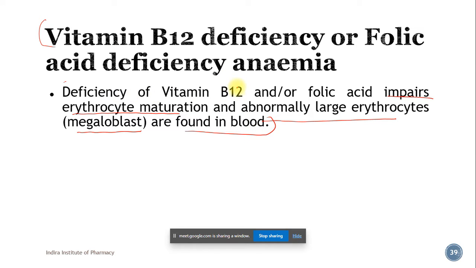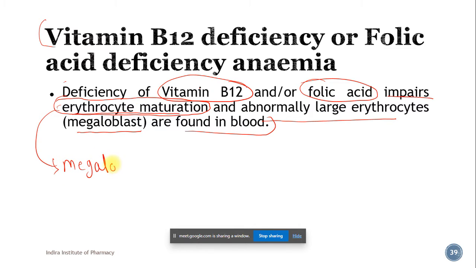So you should understand one thing from this, that vitamin B12 and or folic acid are needed for the erythrocyte maturation process. Okay, so if vitamin B12 and folic acid become deficient, then erythrocyte maturation will also not happen, and as it doesn't happen, it leads to the megaloblast.